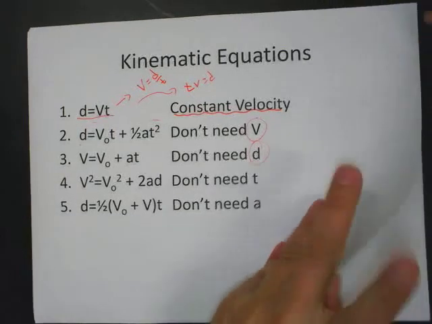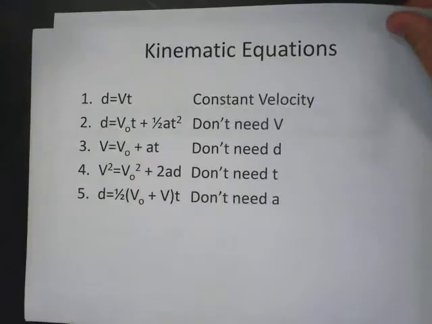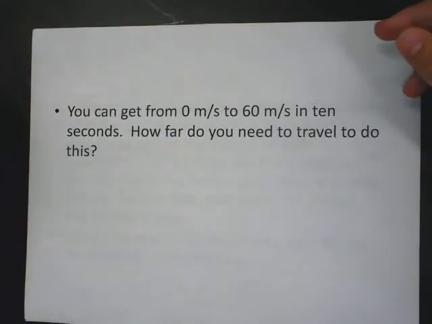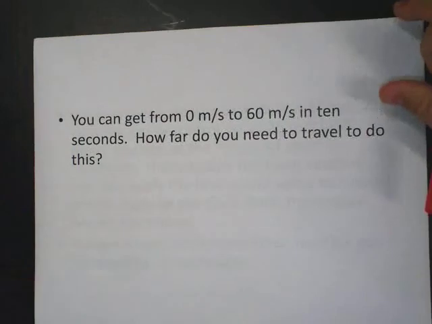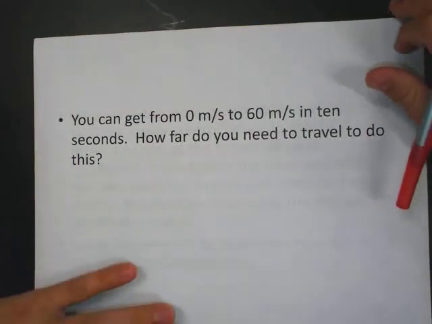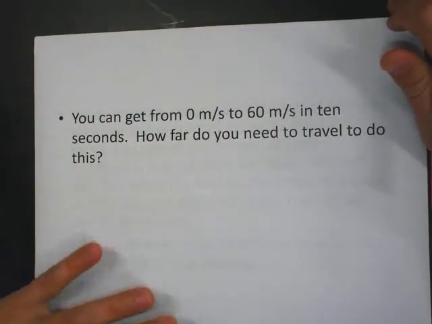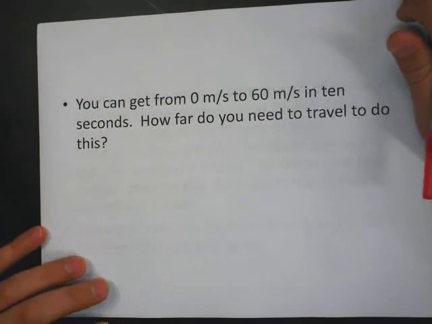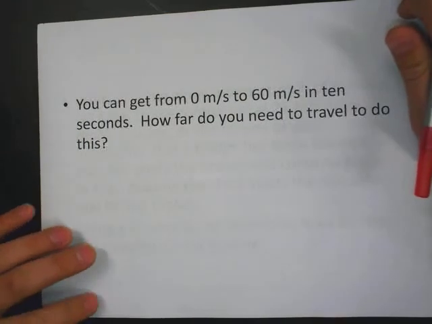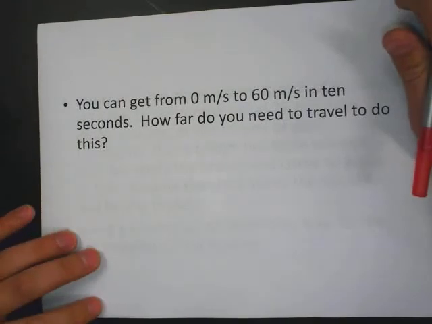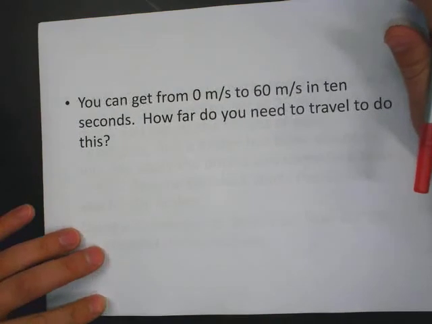Okay? So, there's that again. I don't know why that's on the PowerPoint twice, but that's okay. What you're going to want to do is always list your 5 variables. Step 1 is list your 5 variables. So, what are your 5 variables?